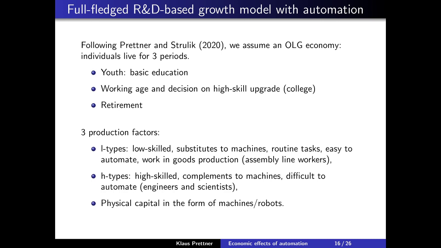Then there are the ones that chose to obtain a college degree. They are high-skilled. They are difficult to automate, are rather complements to machines, and we call them H-types and think of them as either engineers if they work in the goods production sector or scientists if they work in the research and development sector. And we have physical capital in the form of the machines or robots that we have in the model.